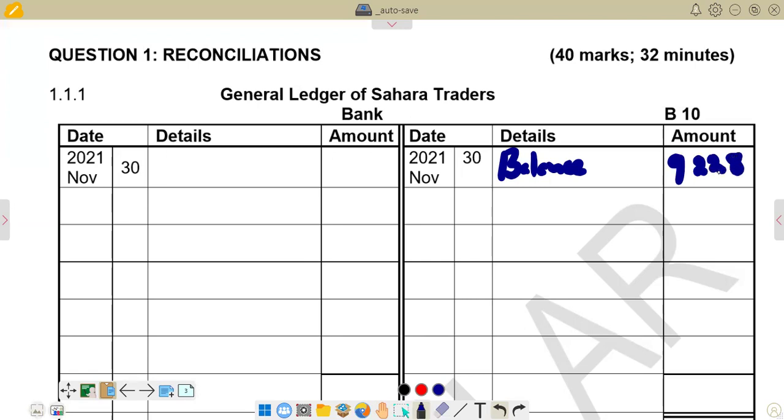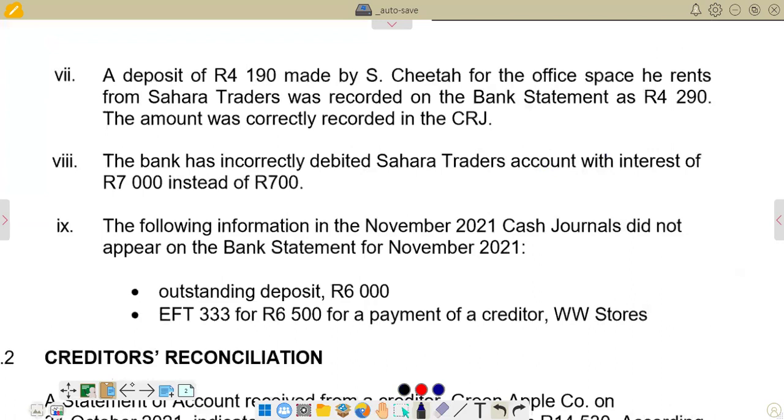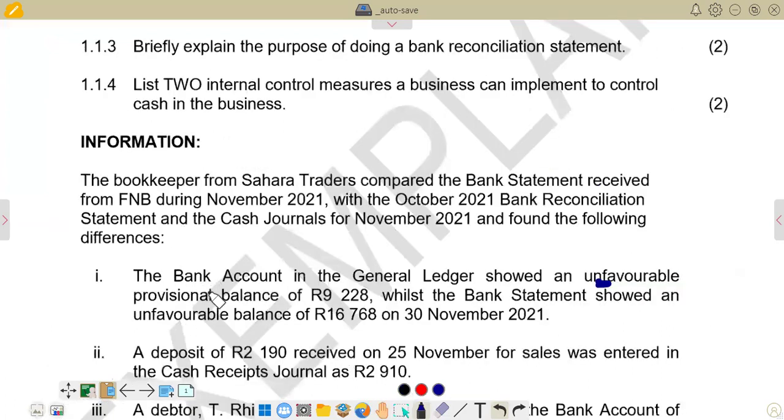So we've got 9,228. If we come back to our question, we are now going to pick entries or errors that affected the bank account, and then we correct those errors. But we have to take note that what is on the debit side of the bank account should correspond with what we are having on the credit side of the bank statement.